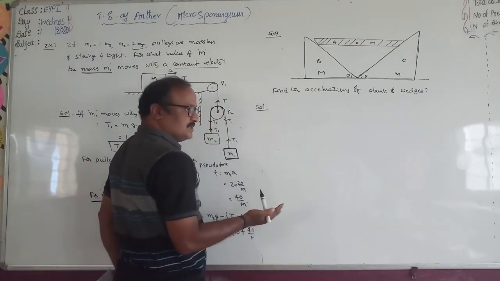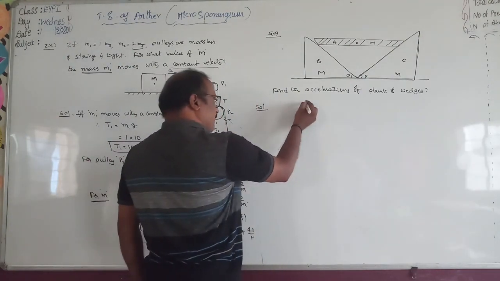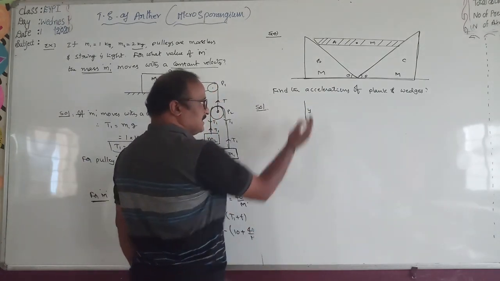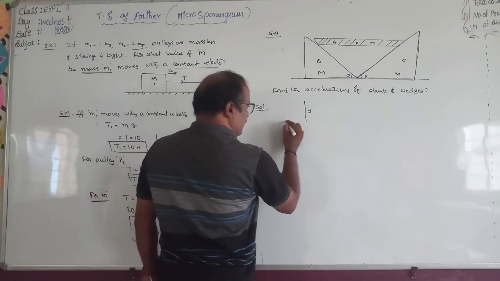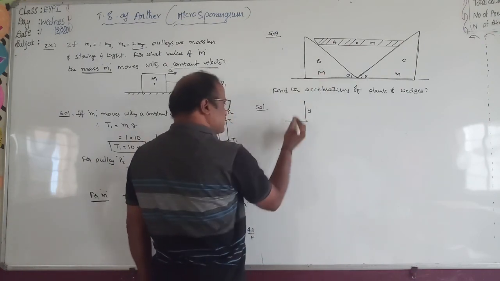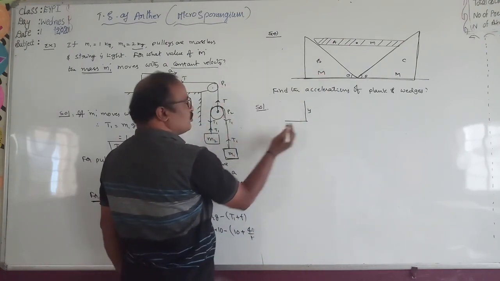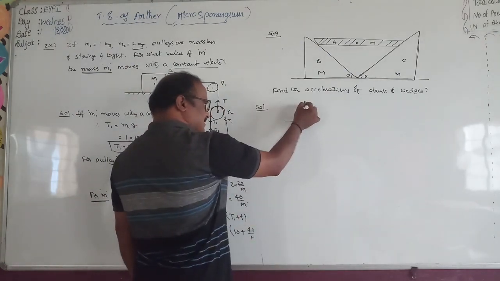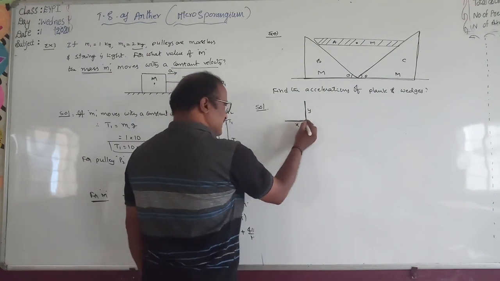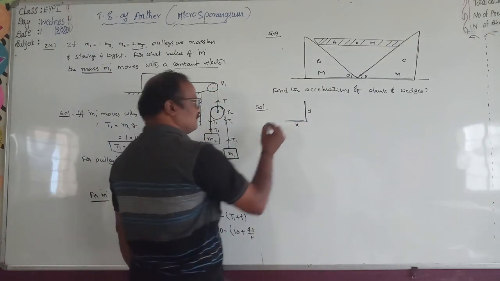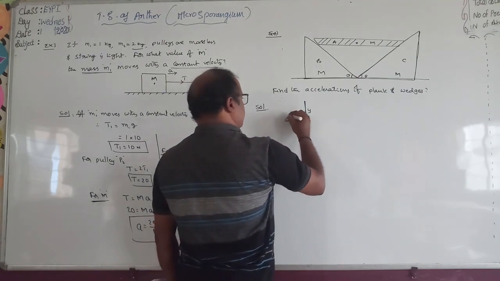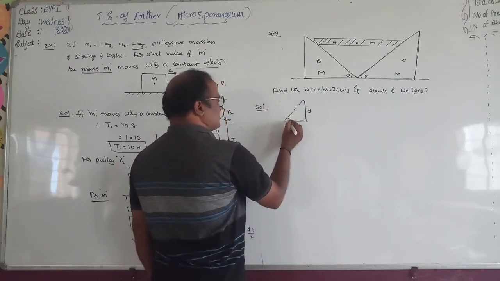For example, let the plane move down a distance y, so that wedge B is moving horizontally towards the left by a distance x. Here y is the displacement of the plane, x is the displacement of the left wedge. Here this is the angle theta, the inclined surface. Observe here also, this is equal to theta.